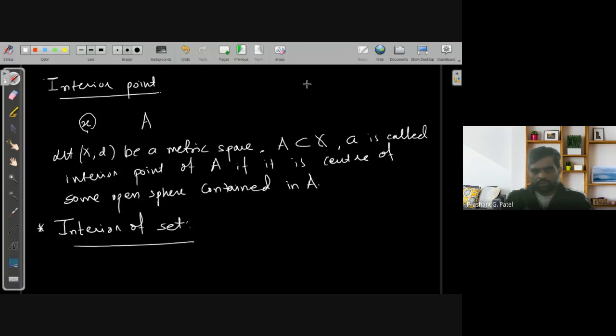In our usual manner, we say I want to decorate my home, or I want to change the interior of a room. In the same way, the concept is the interior of a set. So what is the interior of a set? It is nothing but the set of all interior points of that set.